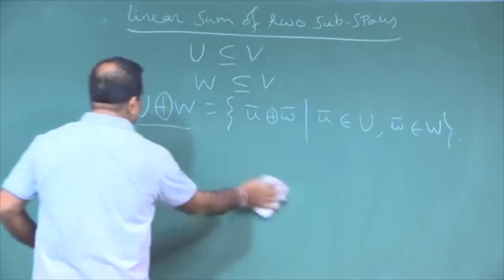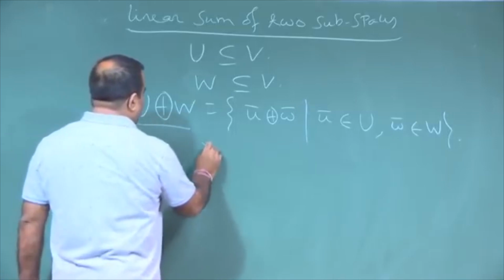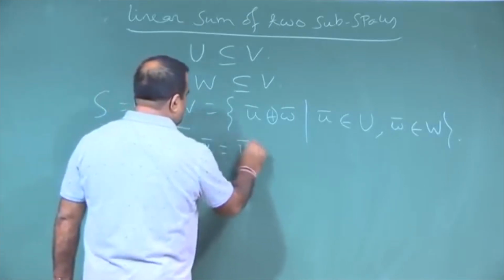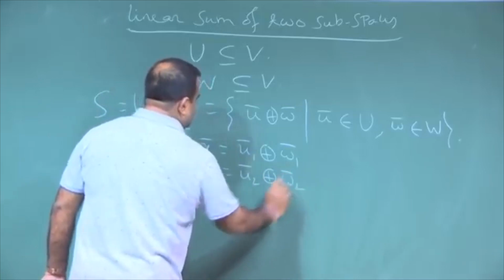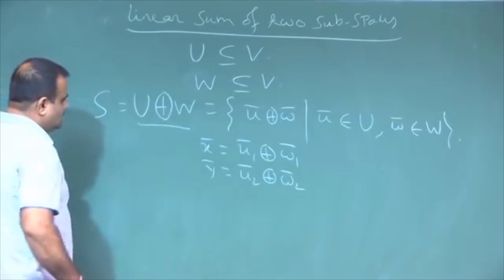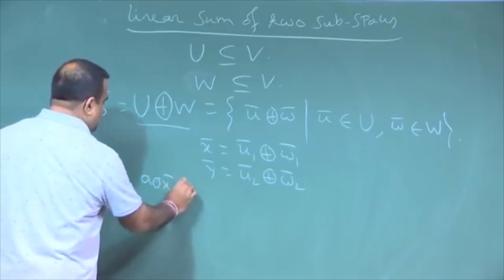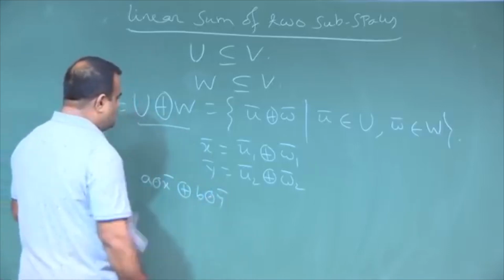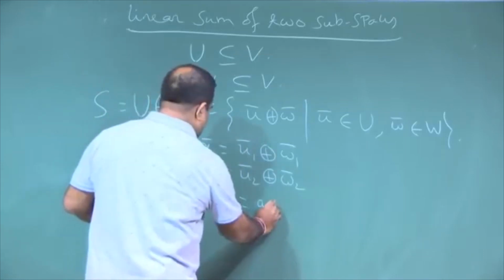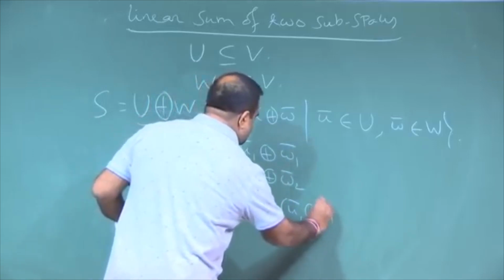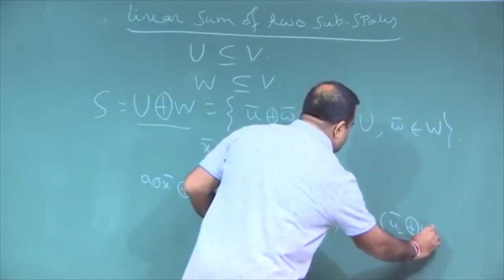If you take an element in S, then x is basically of this form, some u1 plus w1, and y is basically some u2 plus w2. Two elements from this S. Now, if you take scalars alpha and beta, alpha x plus beta y, this is basically giving us alpha times u1 plus w1 plus beta times u2 plus w2.